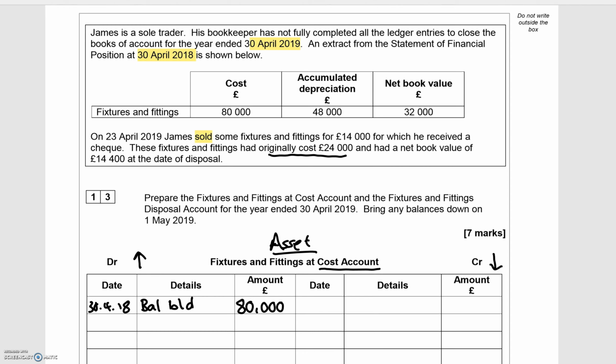So we have to dispose of this £24,000. We have to get rid of the £24,000 from our assets because we no longer have this asset. So the narrative would be disposal and the correct date would be the 23rd of April 2019.